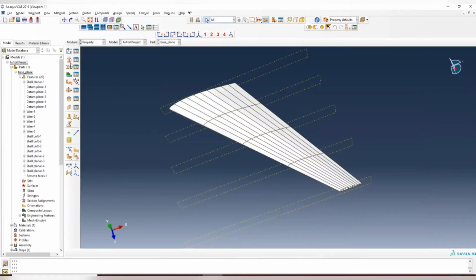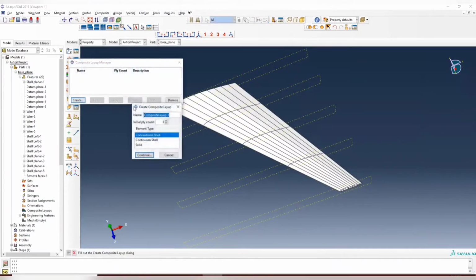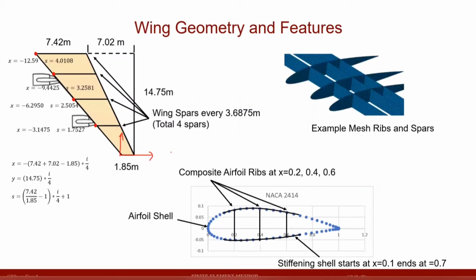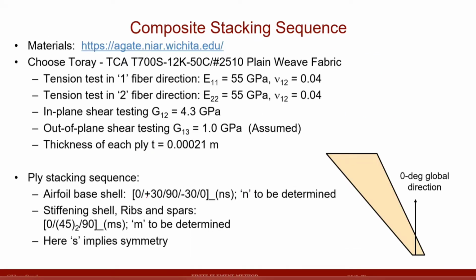Now, instead of creating sections, we directly use this one, Composite Layout Managers. So the problem is there should be 3 types of composites. The first one is generally about all the shell. It should be in a layout of this one.